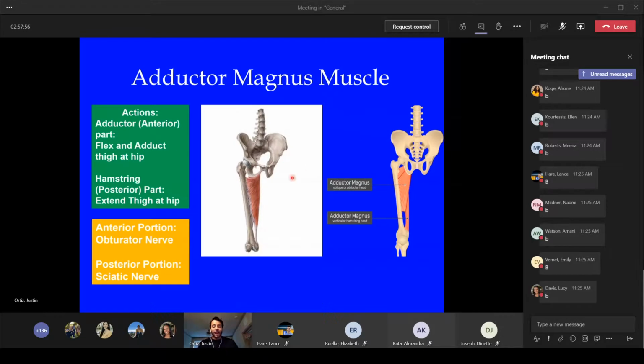Okay, and then here's your adductor magnus, right? This right here is your adductor magnus. It's going to be attaching to your inferior pubic ramus or your ischial tuberosity. It attaches to a lot of parts right here, but it's then going to attach to your linea aspera as well as your adductor tubercle. So it's important to note that the adductor magnus technically has two parts to it, right?